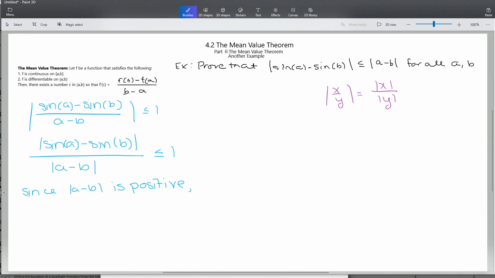If this wasn't positive, I would have to change the inequality symbol. So it's super important that this is an absolute value for this part, and we know that this is positive. And that's what we wanted to show.